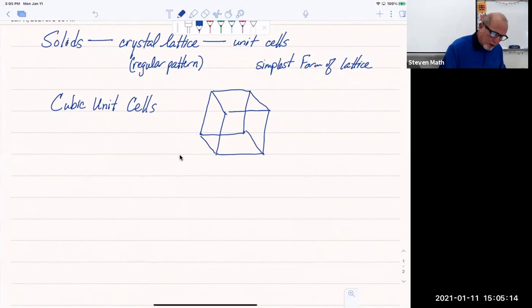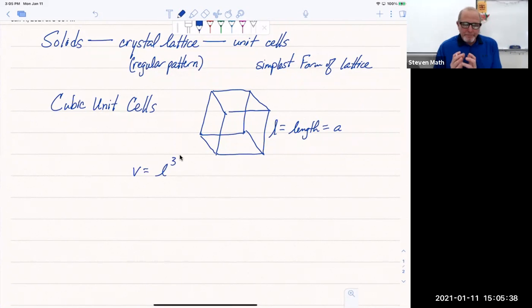whose dimensions are all going to be equal, and those dimensions are going to be equal to L, which is the length. You may see that sometimes in some books that may be considered A as well. I'm not sure why they use A, but L is going to be the length, and so V is going to be L cubed. So what this first type of calculation helps us with is called the Bragg equation.